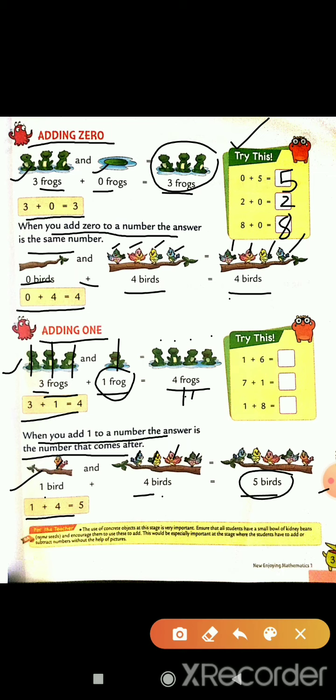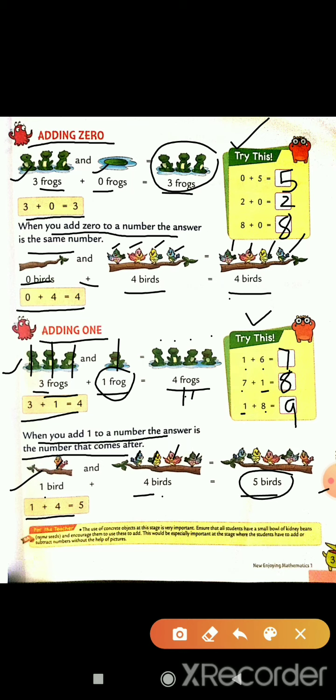Got it, students? Try this. 1 plus 6. What comes after 6? 7. So, the answer is 7. 7 plus 1. What comes after 7? 8. So, the answer is 8. 1 plus 8. What comes after 8? 9.